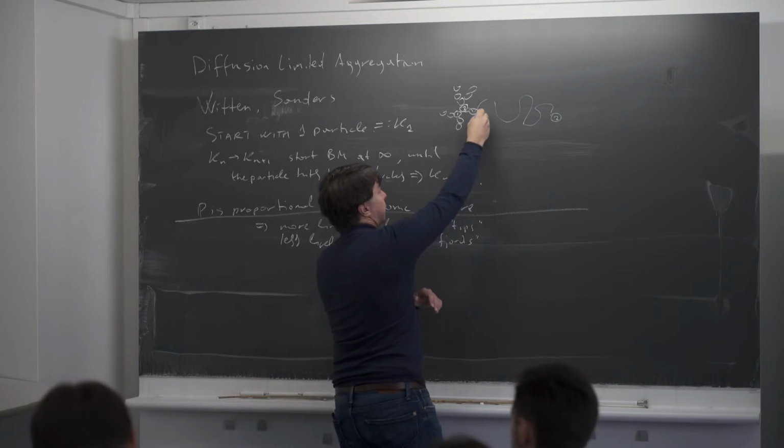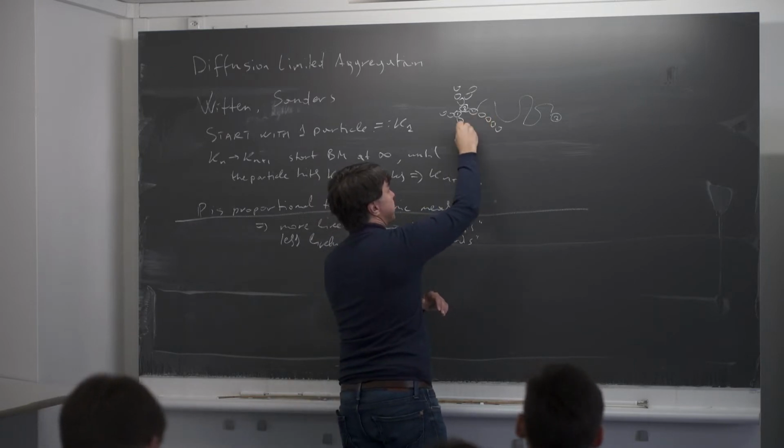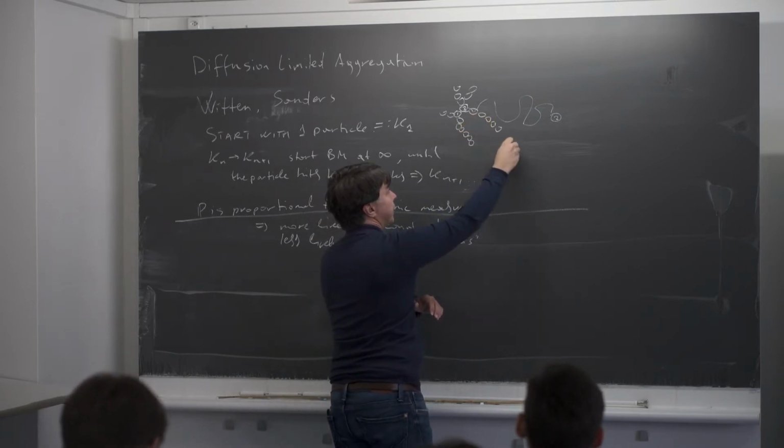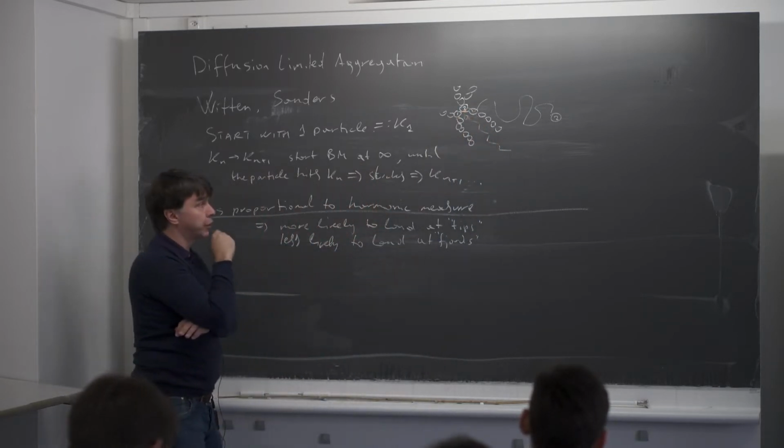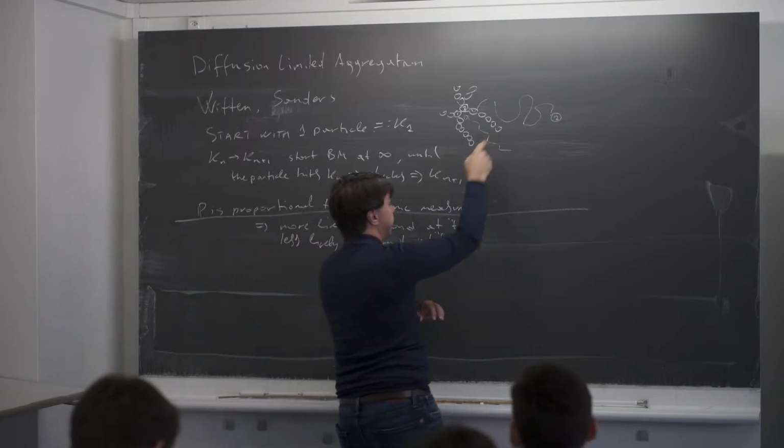So if you have a picture like that, it's intuitively clear that it's very unlikely that Brownian motion will go down to the bottom without hitting the walls, and it's very likely that it hits here.